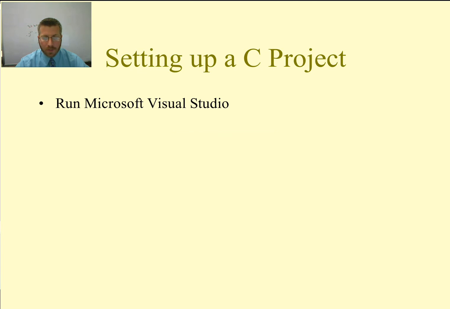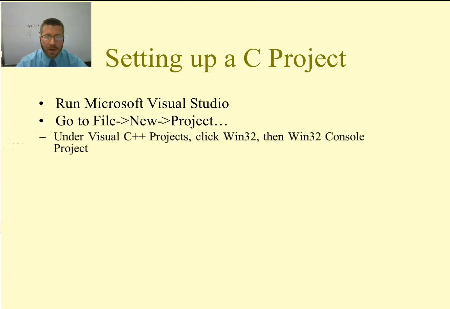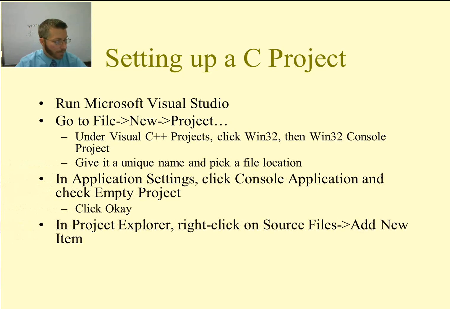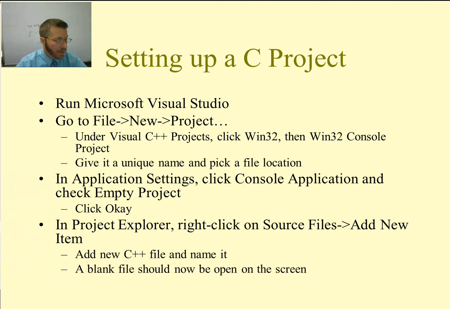Okay, I went over this last class, but I want to make sure that you have it written down also. How do you set up a C project in Visual Studio? I've given you the steps here. I showed you a video on doing this last time. We're going to walk through this again today. Every time that we create a new program in C, we're going to be doing it in Visual Studio, and we're going to walk through these same steps.